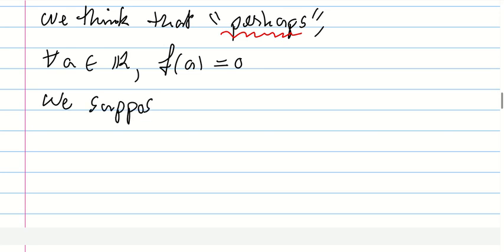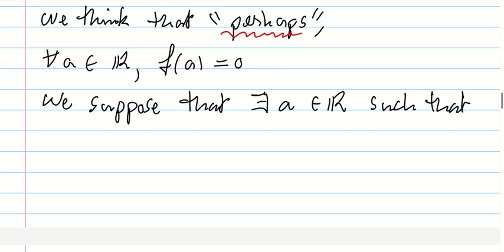that there exists a real number a in R such that f of a is different from 0.